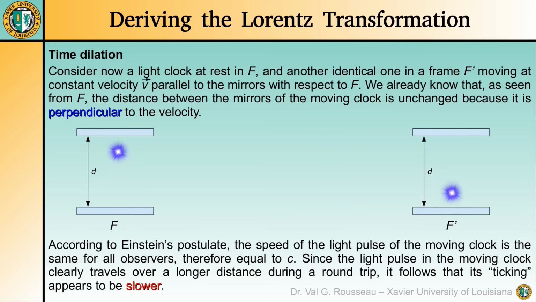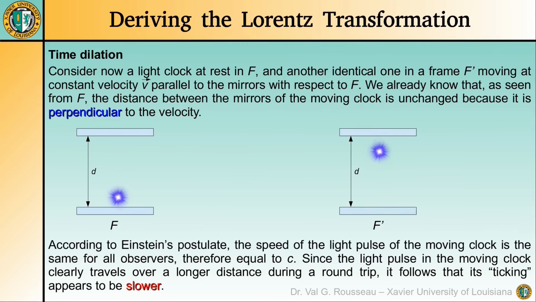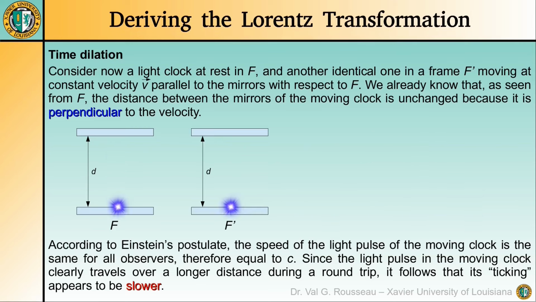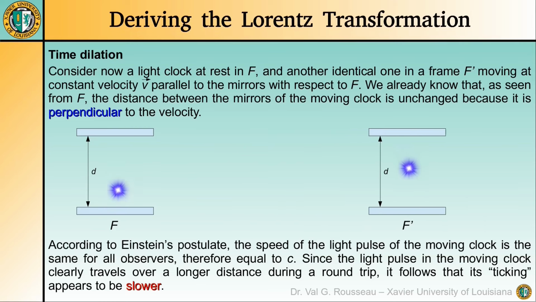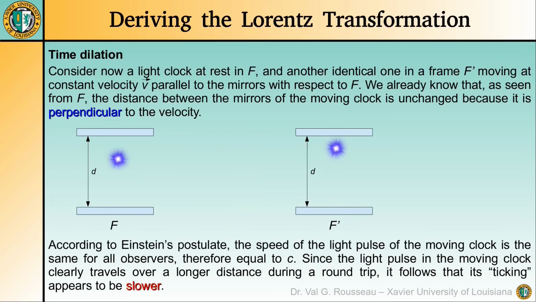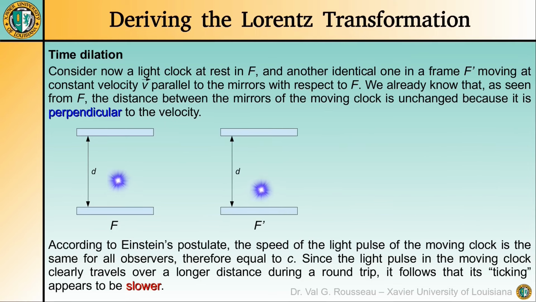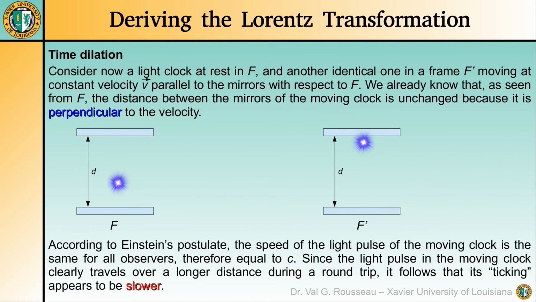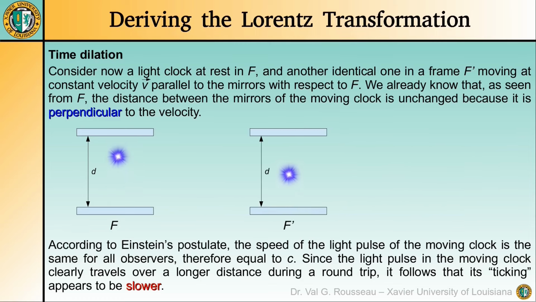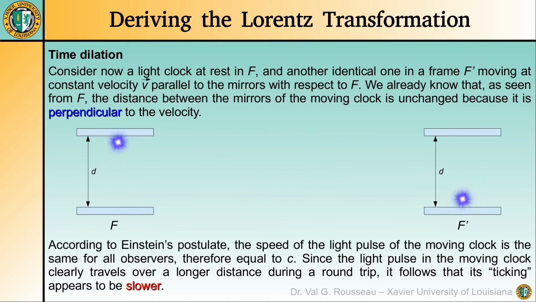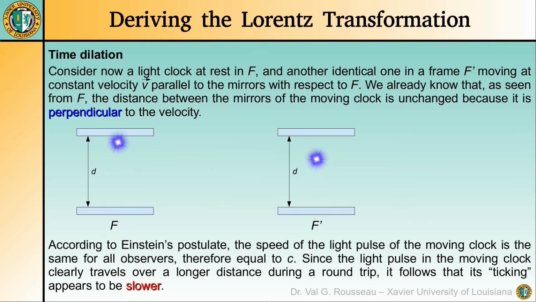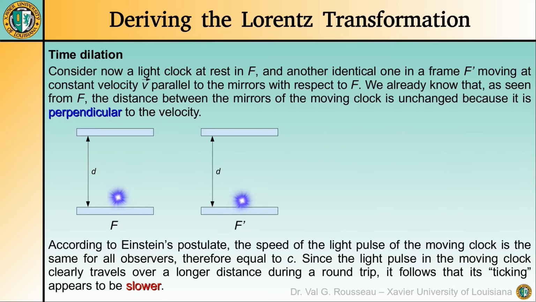According to Einstein's postulate, the speed of the light pulse of the moving clock is equal to c, because it must be the same for all observers. However, it is clear that the light pulse travels a longer distance when going from the bottom mirror to the upper one, and vice versa. Thus, it takes a longer time to perform a round trip. We conclude that the moving clock is seen from F as ticking slower.